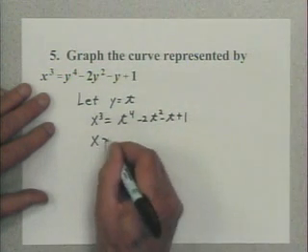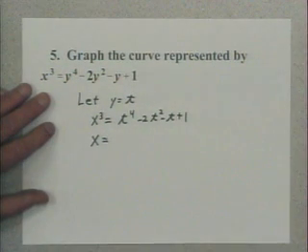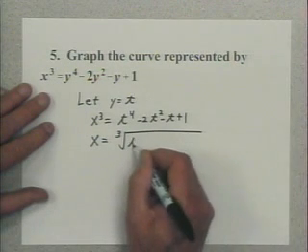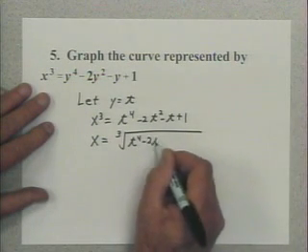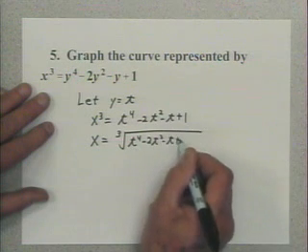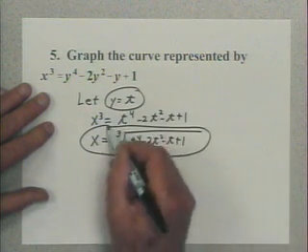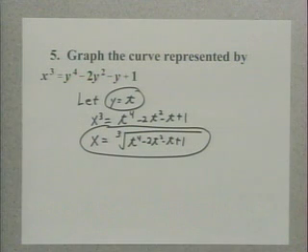Which means x would become what? The cube root of whatever that is. And right there, circled before your very eyes, are two parametric equations.